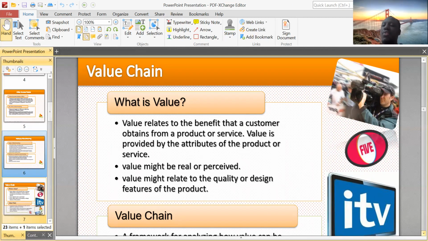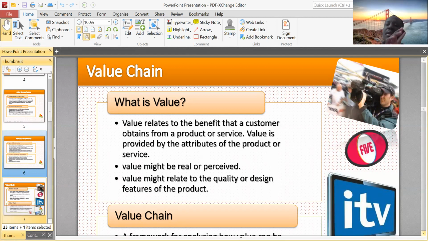So value is defined by the attributes of the product. And value, as you know, might be real or perceived. There are a lot of people who buy things because of perception, because they feel that this product delivers some value. So always remember this.